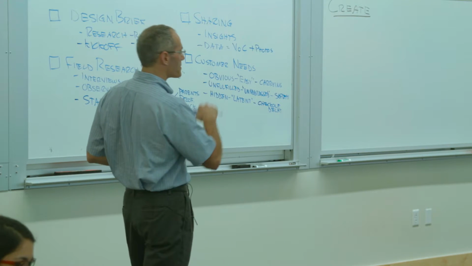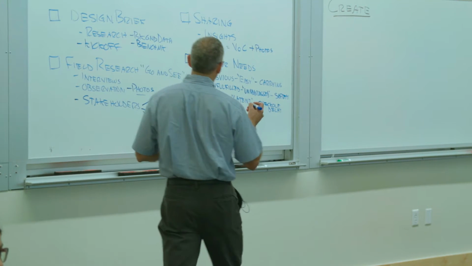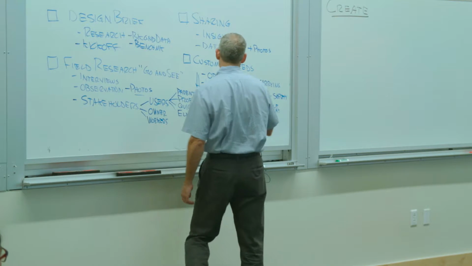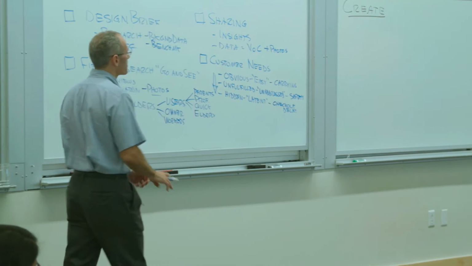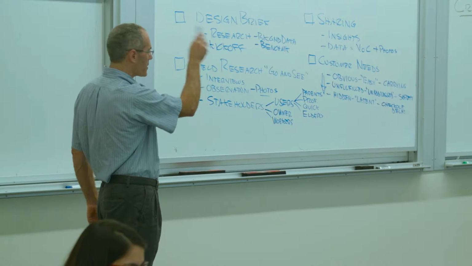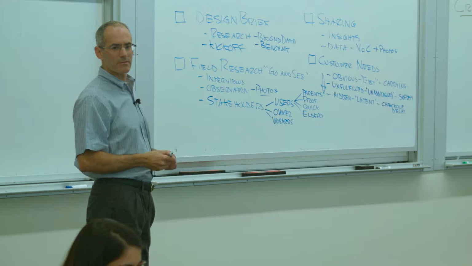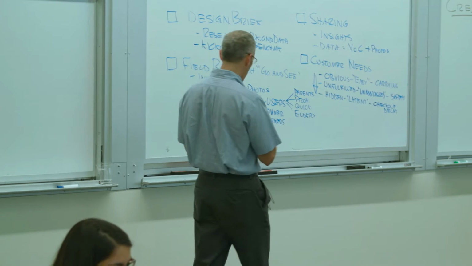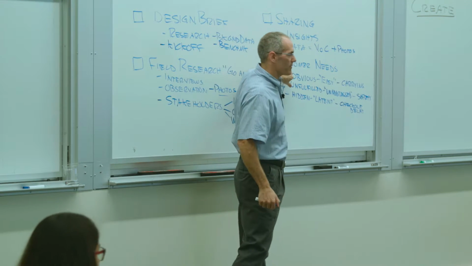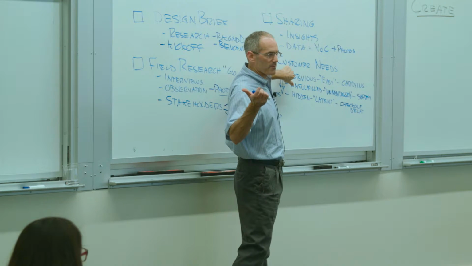So 3 types of needs. And the key point is these are in increasing importance. They're more important as we go down. And this whole phase of exploration has to end with that. If we go out into the field and all we learn is the easy stuff, we haven't really learned anything of value.